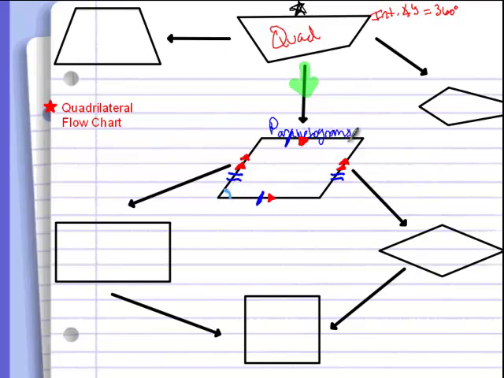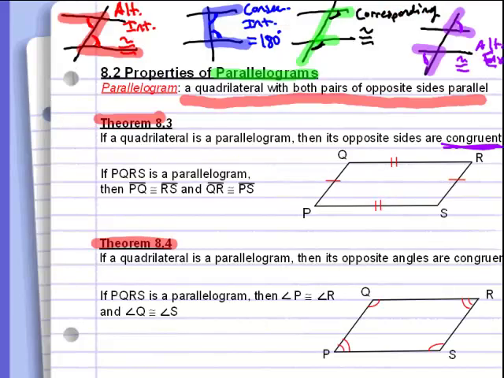This angle and this angle are congruent. This angle and this angle are congruent. So I have three properties so far, not to mention all the different parallel line angles that I'm familiar with from previous chapters. And let's keep going.